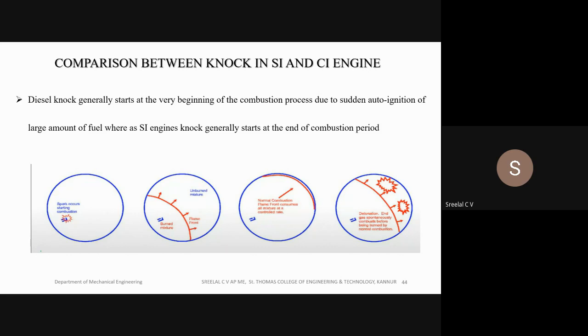Then that air and fuel mixture will reach the self ignition temperature, and as a result auto ignition of that mixture happens. If the amount of fuel is more, then a high pressure arises, and that high pressure makes a vibration as well as a noise, which is known as the knock.